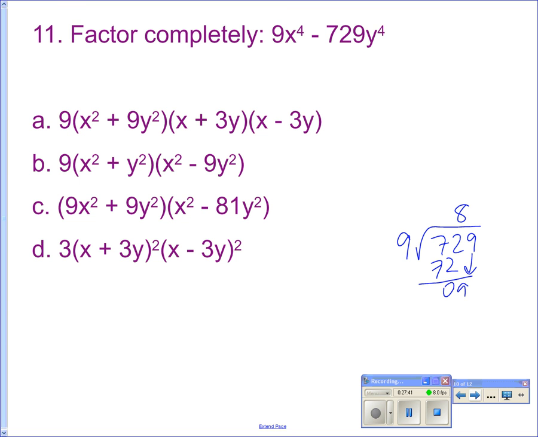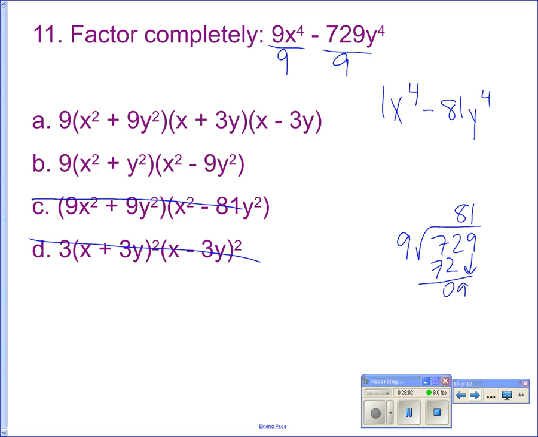And 9 goes into 9? 1. So it does work. Both these divide by 9. What answer choice can you mark out? D and C.